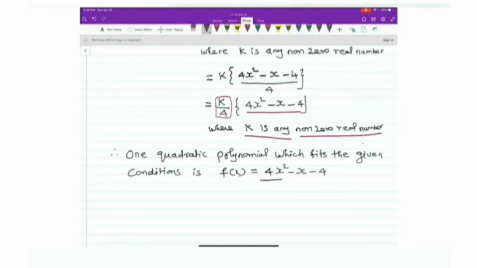So, this will be your answer. You have to write your answer at the end. Rewrite the same statement. This is how you will be concluding your final answer.